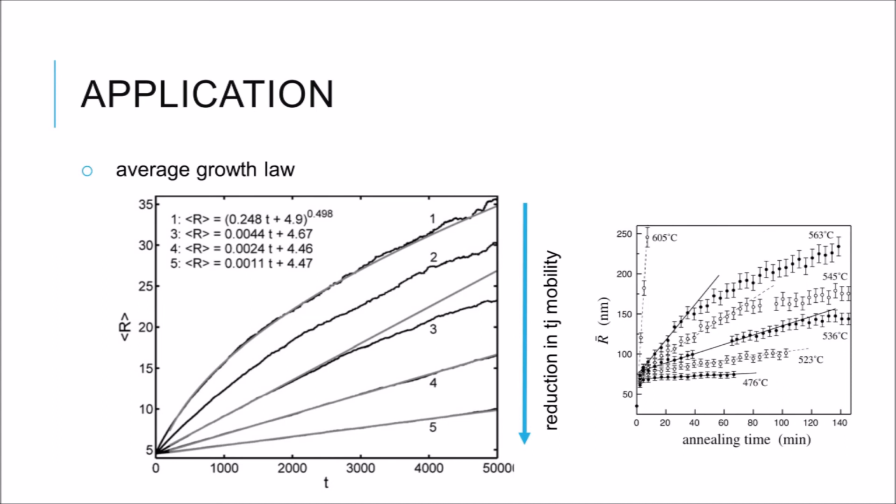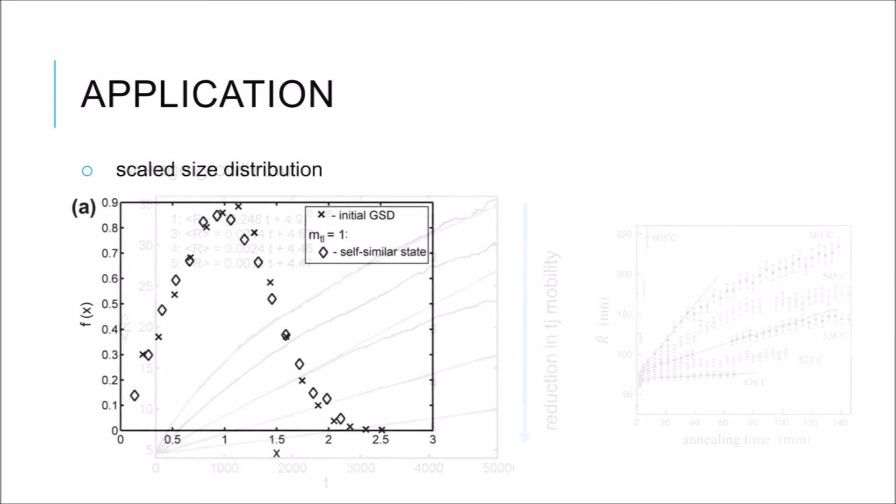So it seems actually as if the annealing temperature that we see in the experiment is somehow coupled to our reduced triple junction mobility. Of course, we will need to do further experiments and simulations with this respect. But right now, we do have our simulation data available, and what we can do already is go beyond the average growth law.